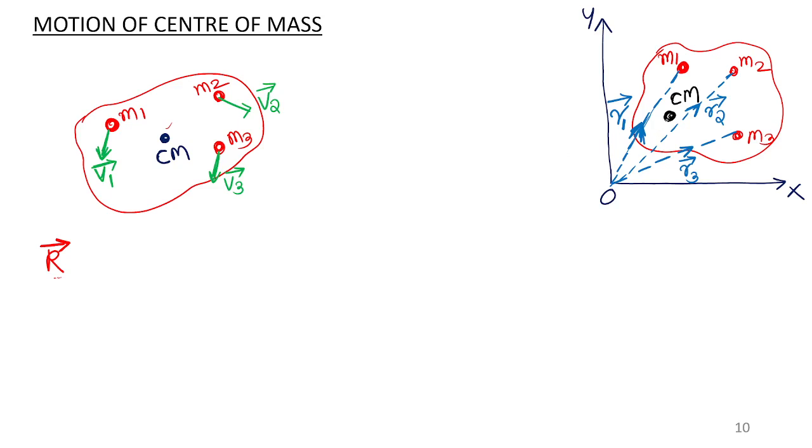If I join the origin with the position of the center of mass, that vector is said to be the position vector of the center of mass, denoted by capital letter R. Origin and the position of the center of mass joined, we get the vector R, which is said to be the position vector of the center of mass.